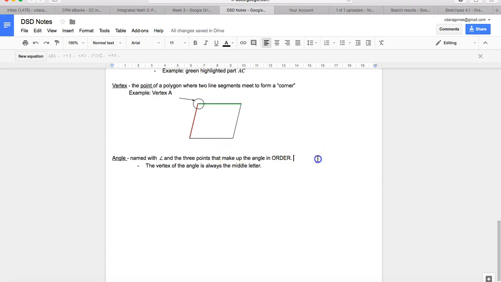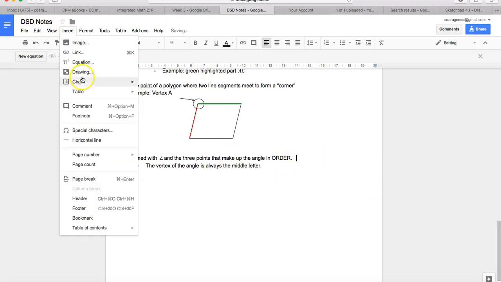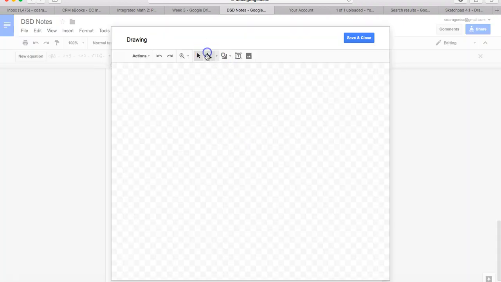Okay, so let's do a picture. So I've got two line segments that meet at an angle. So let's say I've got this line segment and this line segment. Right here, they meet at an angle, okay? So I'm gonna name the 3 points that make up my angle. There's a point right here. Let's call it Q. And then there's another point right here.